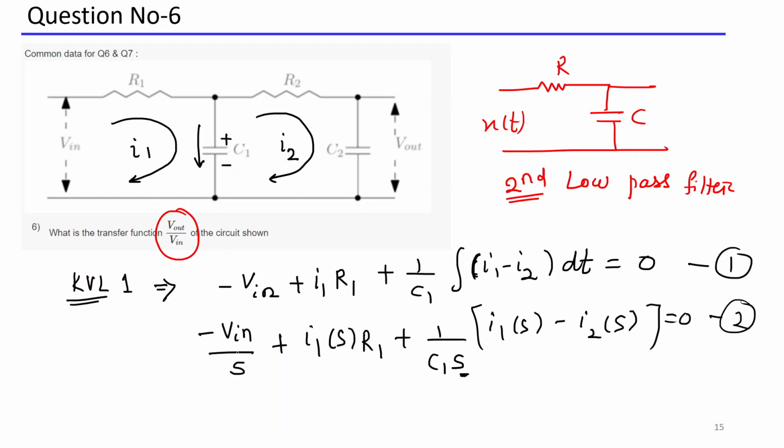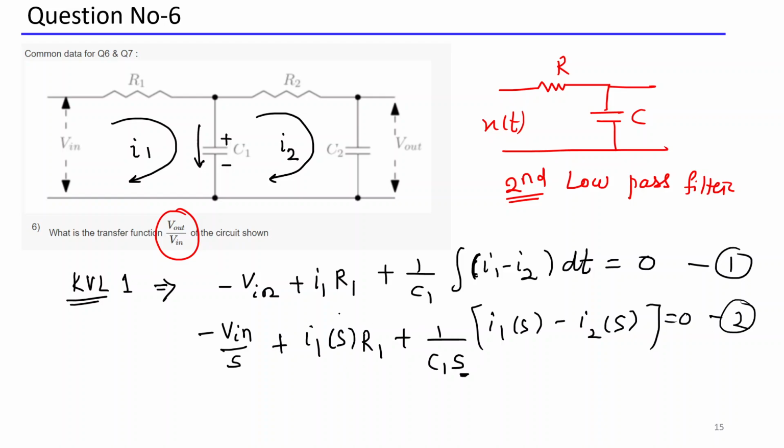V input. Okay, so you should not write Vin by S, because that is a constant term. What is the Laplace transformation of a constant, u(t)? The Laplace transform of u(t) is 1 by S, right? So Vin is just a constant, a positive signal, so you have to write 1 by S. Yes sir, now I understood, thank you.